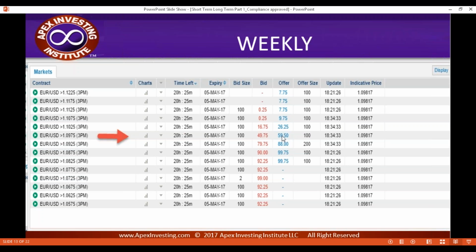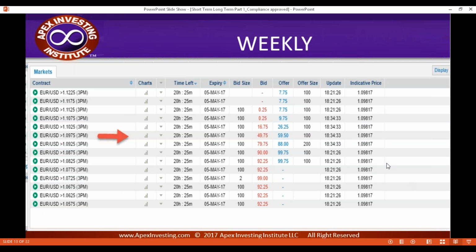The closer it gets to expiration, the quicker it's got to get to a value of 0 or 100, right? Everybody understands those basics?